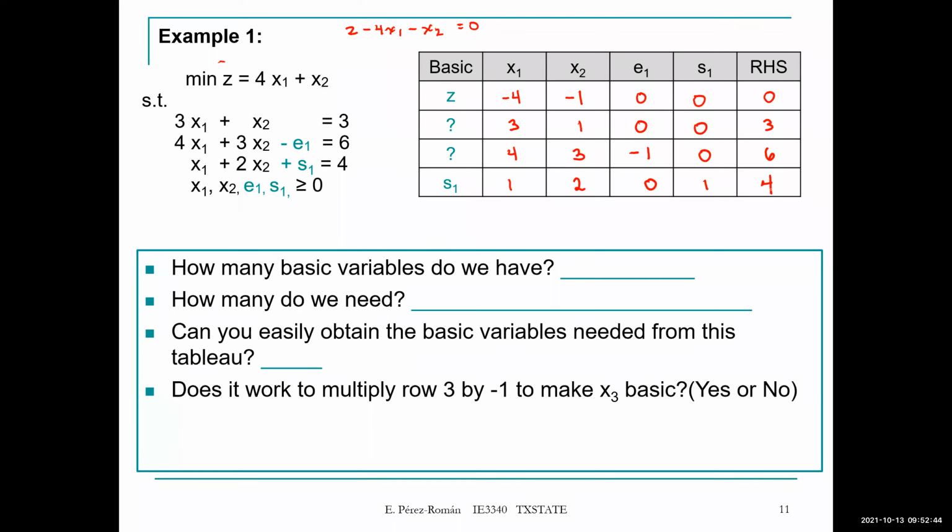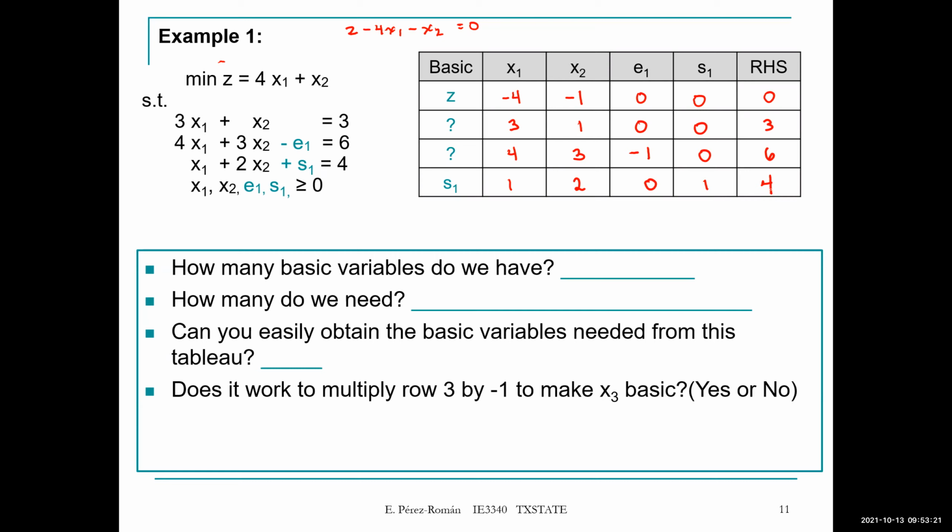So the first question I'm asking here is, how many basic variables do we have in this setup? If you want to identify them from the Tableau, you can do so by trying to identify the identity matrix. Finding columns that belong to the identity matrix will tell you that that particular decision variable is a basic variable.